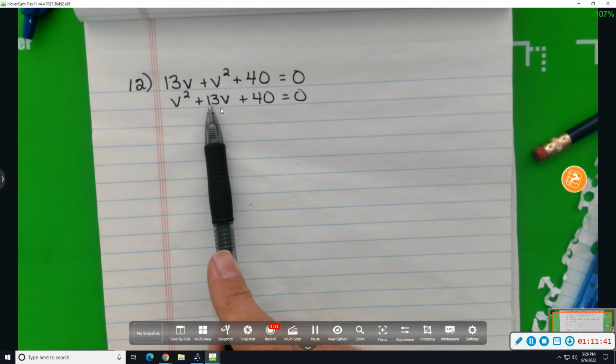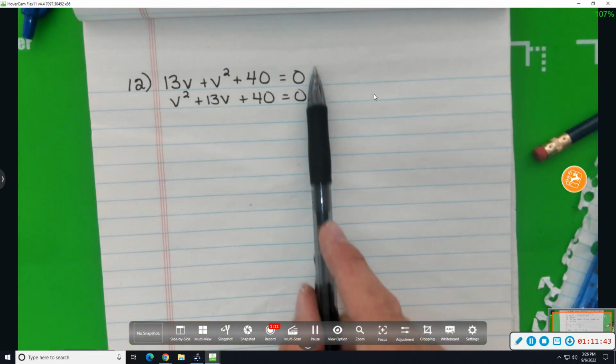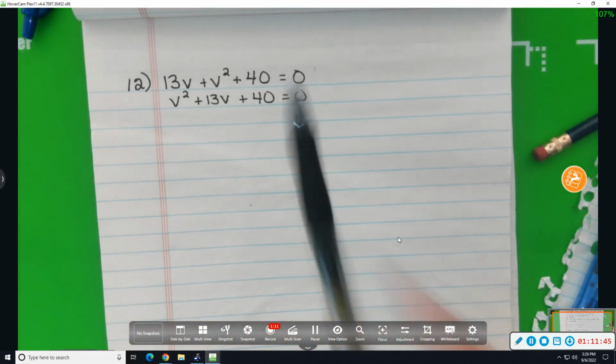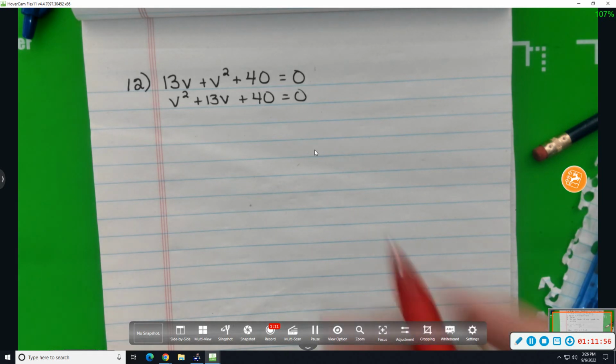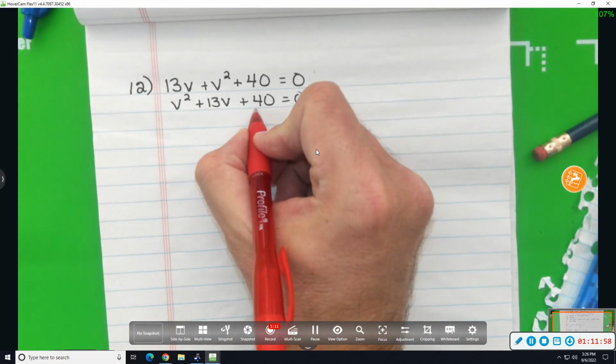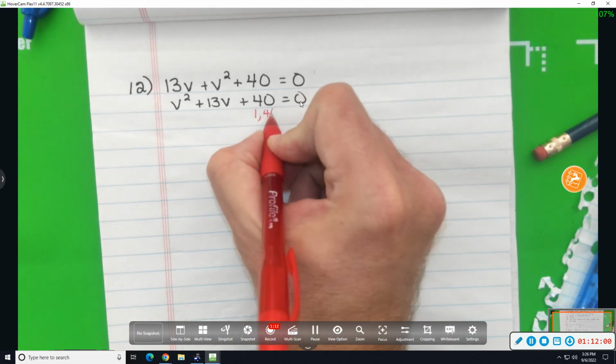No. Those signs only change if you're moving them across the equal. The next example is going to demonstrate that. Squared variable, variable, no variable, equals 0. If you're going to solve an equation by factoring, it must be set equal to 0.